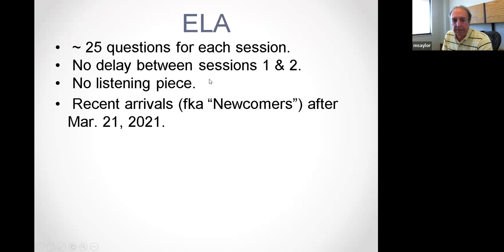More ELA data: your recent arrivals, formerly known as newcomers. Anybody that shows up after March 21st of last year does not have to take the ELA test. They'll pick up the information they need off the KELPA for that.